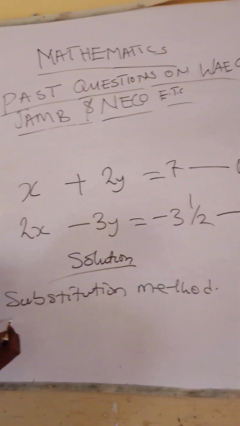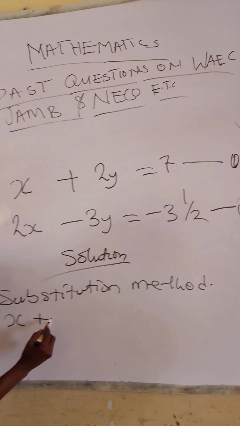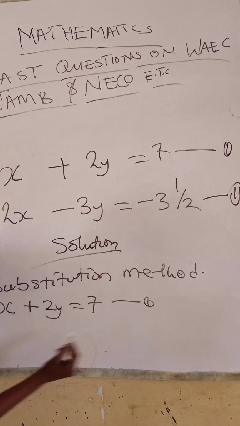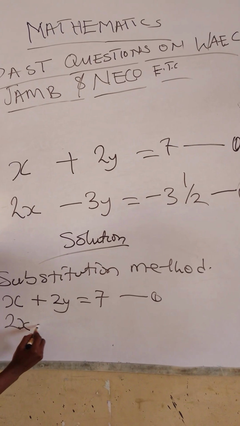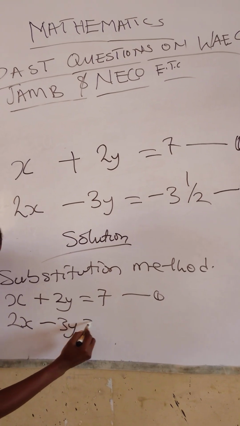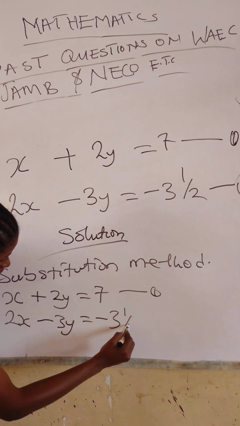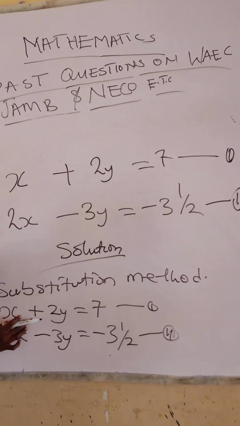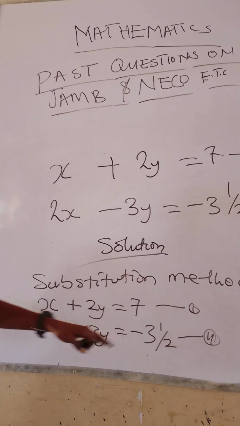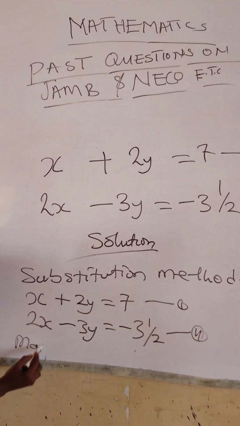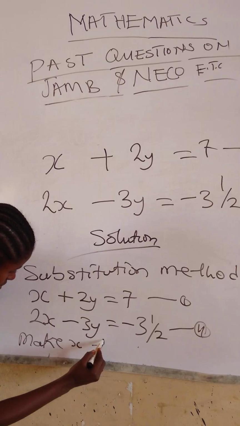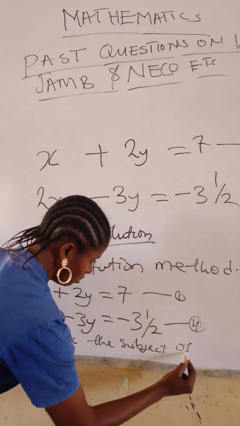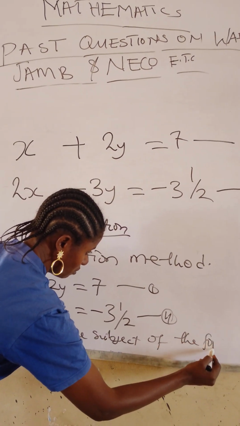We'll bring down our question. x plus 2y is equal to 7, equation 1. We have 2x minus 3y is equal to minus 3 and 1 over 2, equation 2. So we make x the subject of the formula in equation 1.